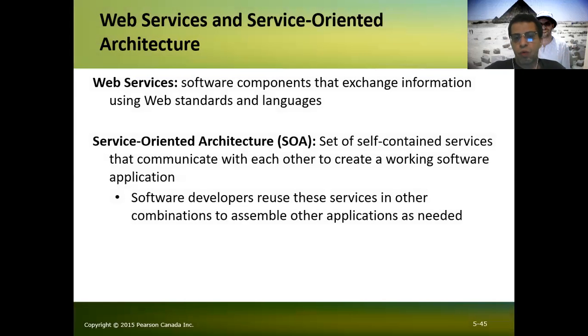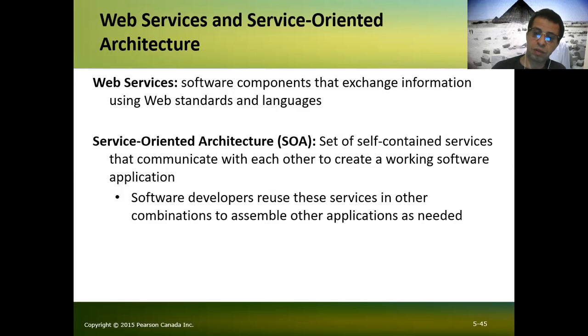Then you have web services and service-oriented architecture. A web service is a software component that exchanges information using web standards and languages. And SOA, or service-oriented architecture, is a set of self-contained services that communicate with each other to create a working software application.